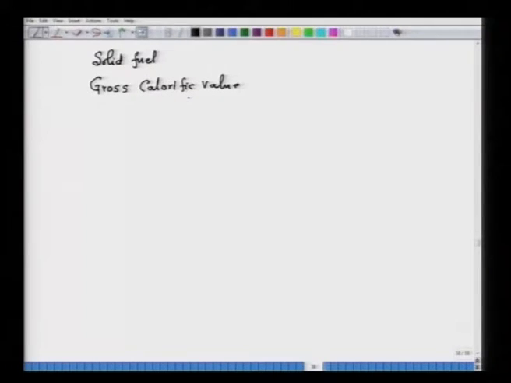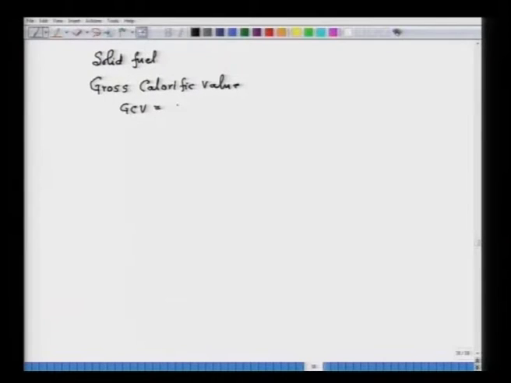Now, in calculation of gross calorific value, the standard state of the product of combustion H2O is H2O liquid. So, this can be calculated by a formula, say GCV is equal to 339% carbon plus 1427% (hydrogen minus percent O upon 8) plus 22% sulfur, and you get the value in kilojoule per kg.